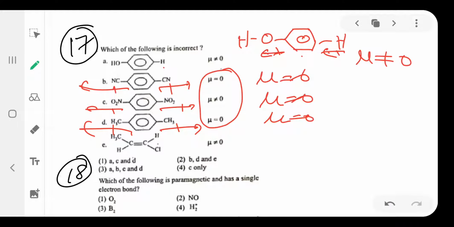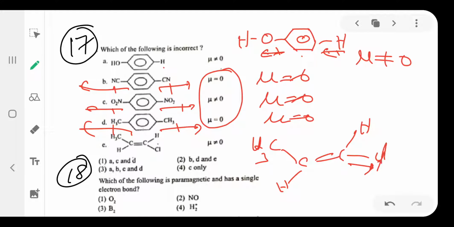Like that here also, C double bond C, with one Cl, here H and CH3. Here chlorine is more electronegative, so the dipole moment points toward this one side.